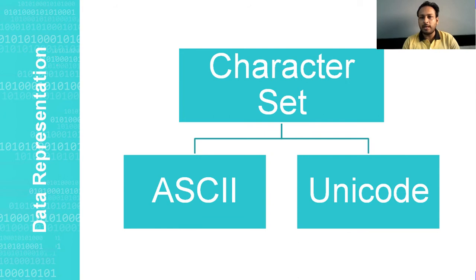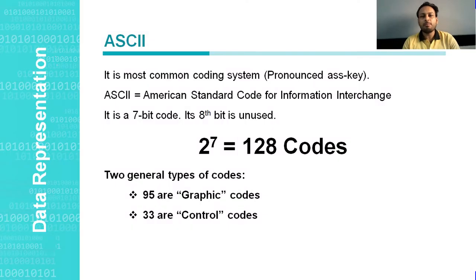A character set is a collection of characters that assigns a number to the characters in the memory. There are basically two types of character sets, ASCII and Unicode, and one more, ISCII.